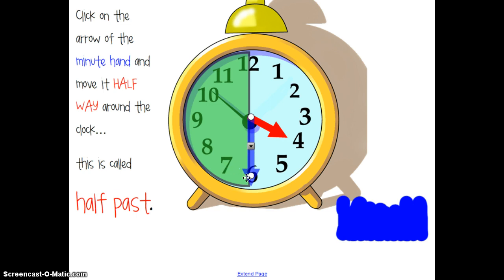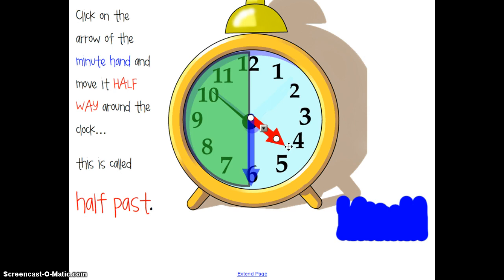When the minute hand moves around all the way to the 6, so the first half of the clock, it has gone halfway around the clock. Now, as the minute hand moves, the hour hand moves just a little bit. When the minute hand moves halfway around the clock, the hour hand moves halfway past the 4.